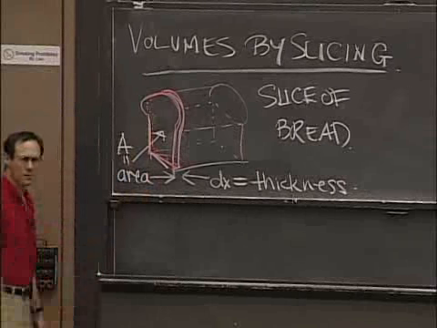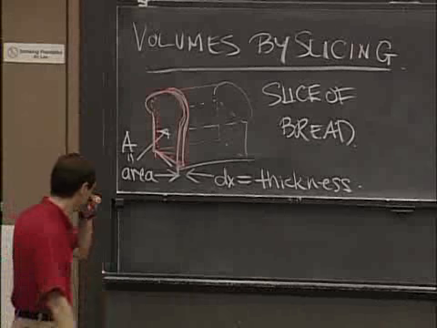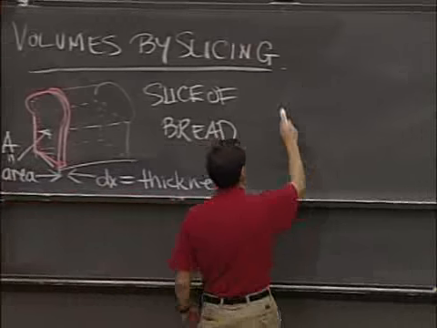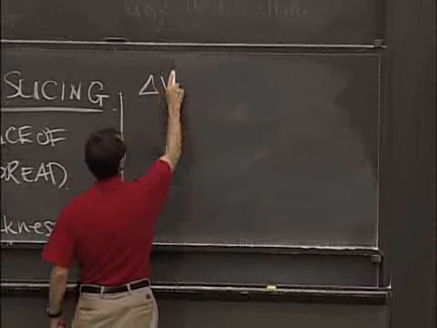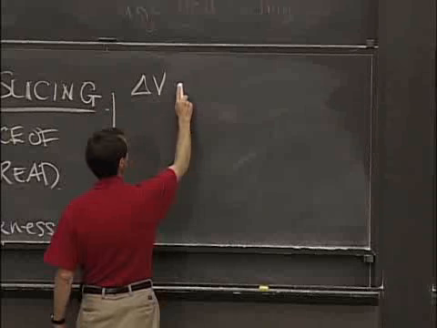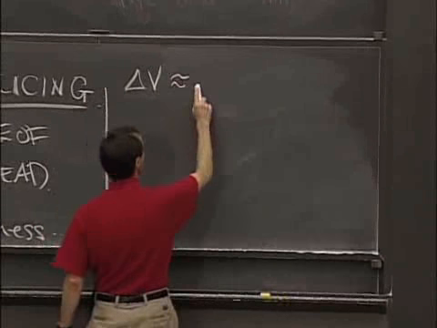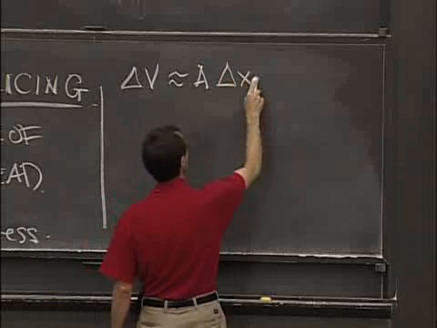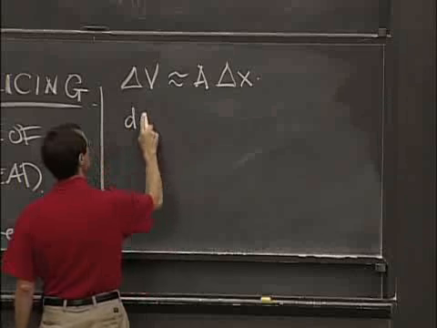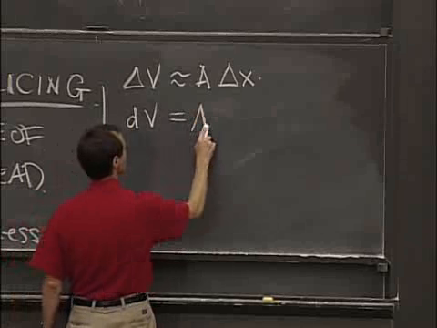And that's the area of the face of the slice. And so the volume of one slice, which I'll denote by delta V, that's a chunk of volume, is approximately the area times the change in x. And in the limit, that's going to be something like this.